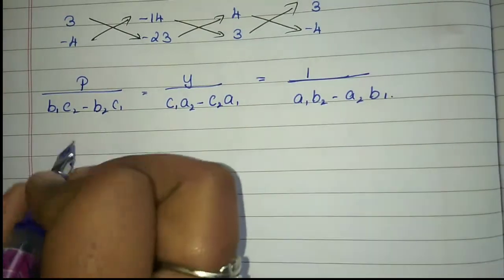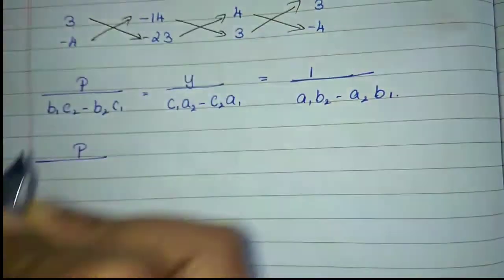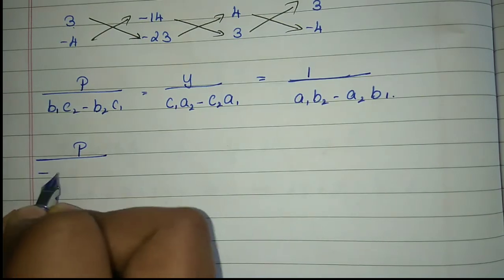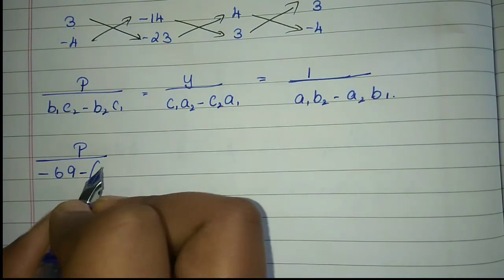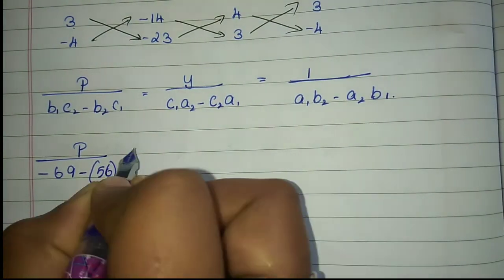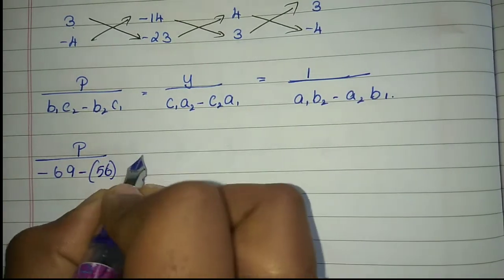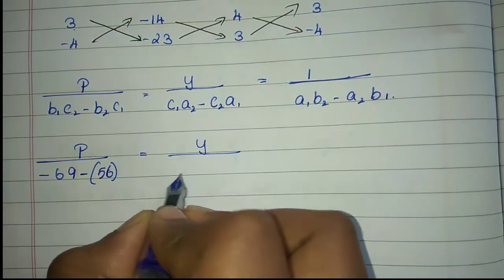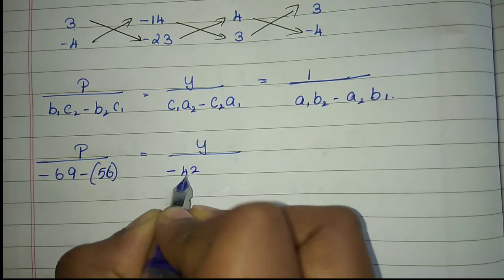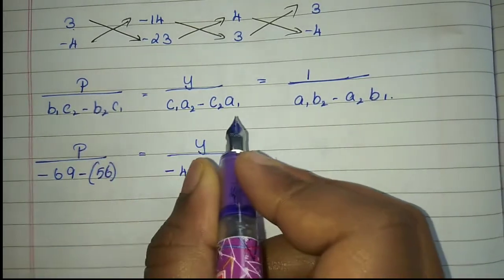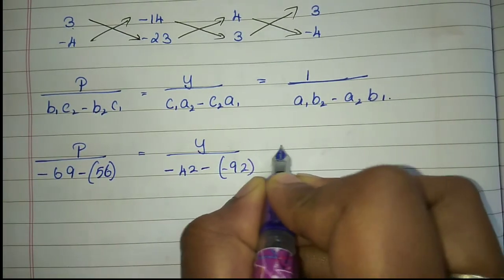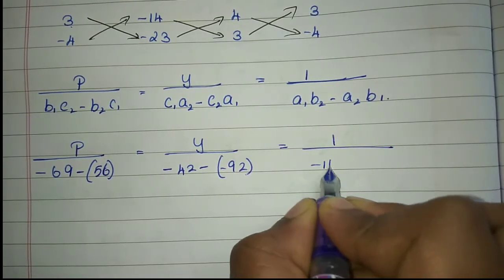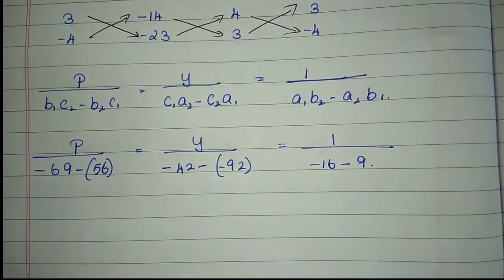So now we will be crossing this, that is 3 into minus 23, it is minus 69, minus 4 into 14 times it is 56, minus into minus is plus, is equal to y by, so my 14 into 3 it is minus 42, minus 23 into 4 it is minus 92, which is equal to 1 by minus 16 minus 9.